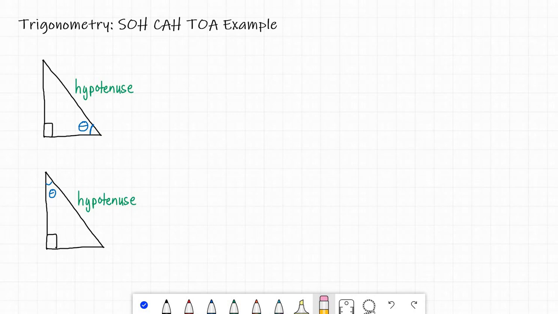And so the opposite side here is going to be the one that is directly across from that bottom angle. So it's going to be this vertical side on the left hand side here. So this is the opposite side in this case. And then that means that the one that's left that doesn't have a label already, that's going to be adjacent.